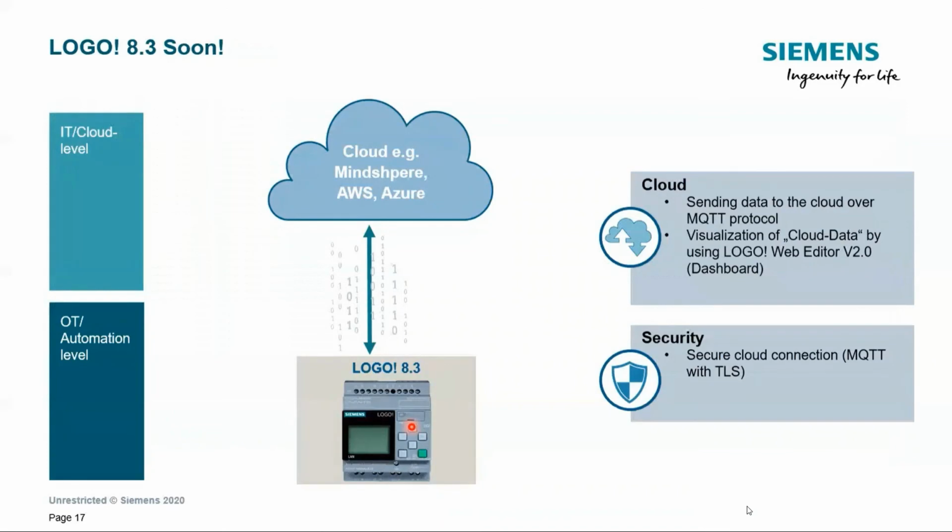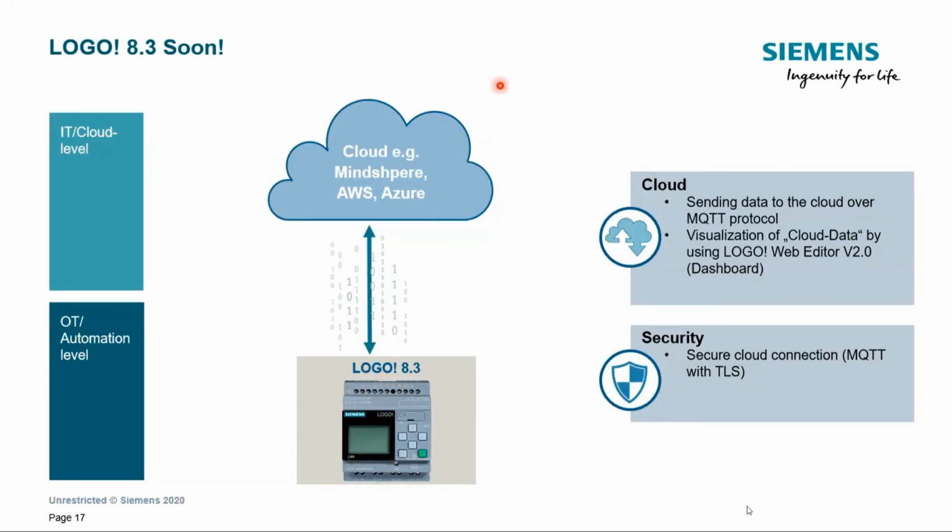Now I'll give you a small heads up on the future of LOGO that will be available soon, by the end of this year, which is LOGO 8.3, the next version of LOGO, which will have direct connectivity to the cloud.